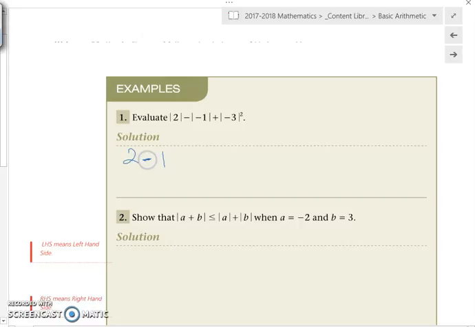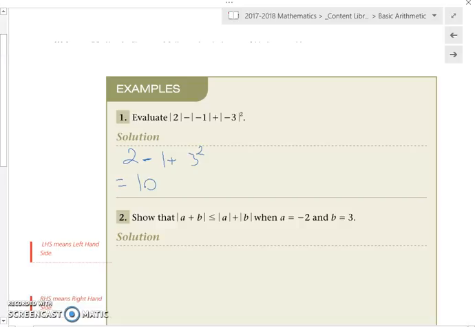It's not like 2 negatives make a positive, because you've got to do that absolute value bit first. Then we've got the plus, and the absolute value of -3 is 3, squared, which is 9.